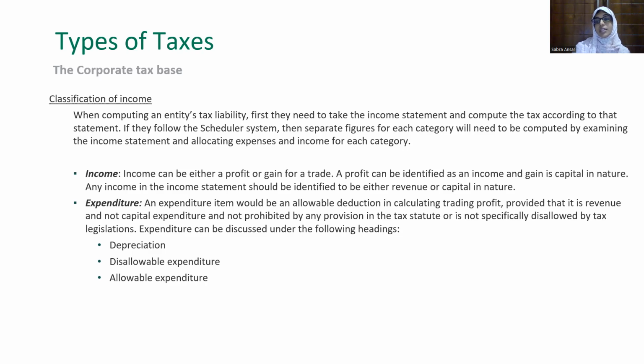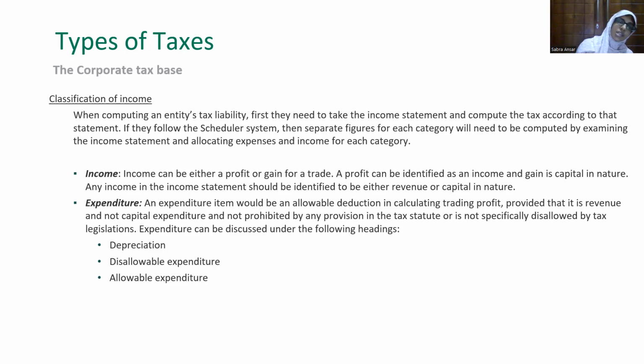Provided that it's a revenue and not a capital expenditure, and not prohibited by any provision in the tax statute or specifically disallowed by the tax legislation. So expenditure can be discussed under different headings. One could be depreciation, one could be disallowable expenditure, the other one could be allowable expenditure.